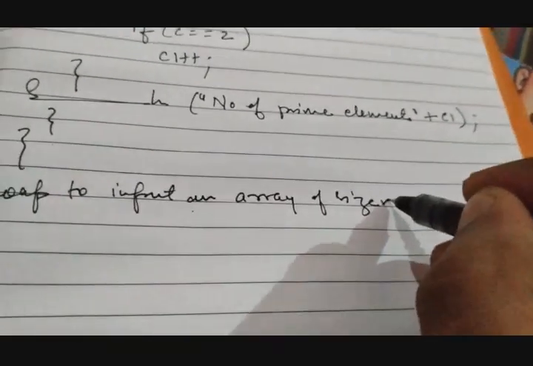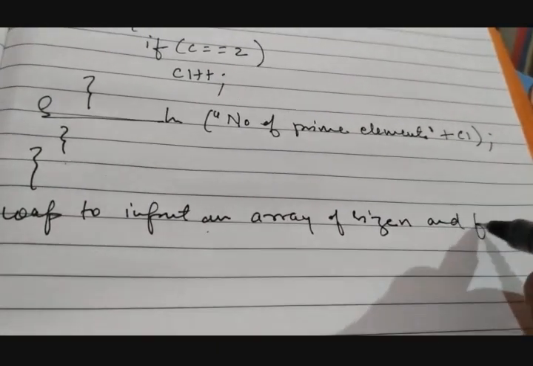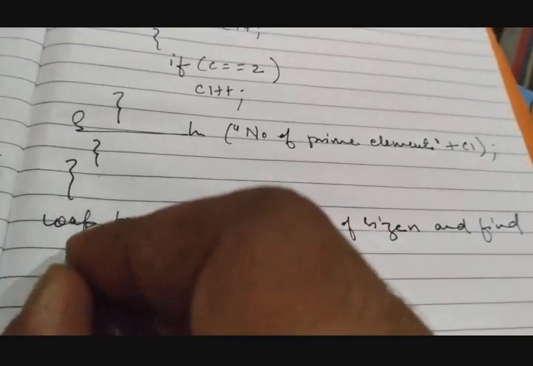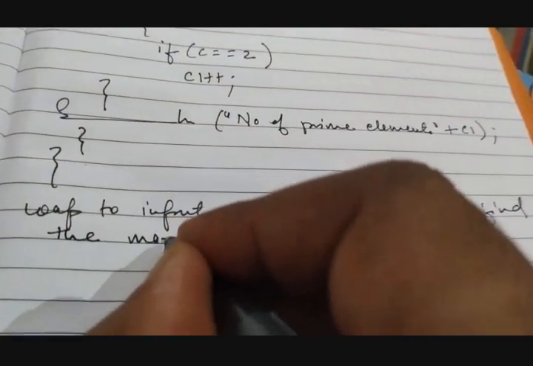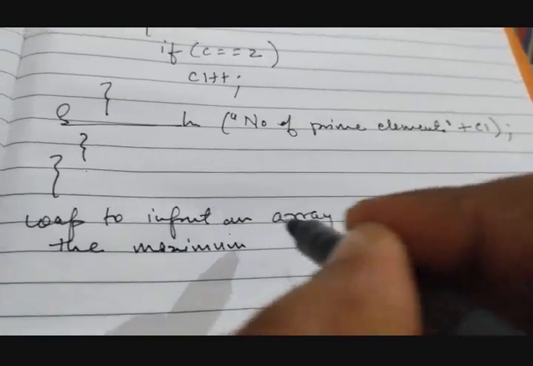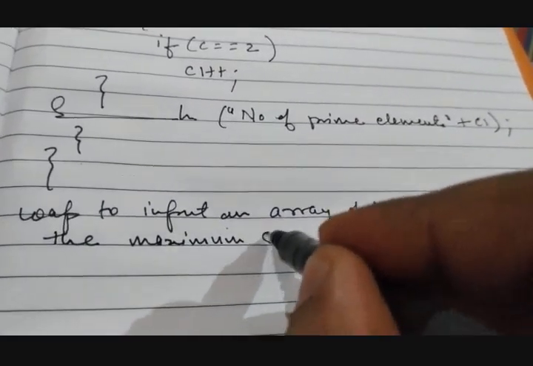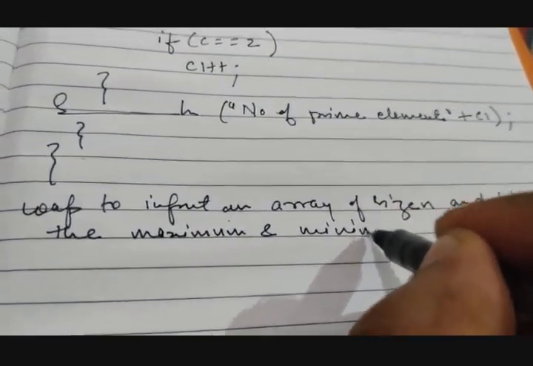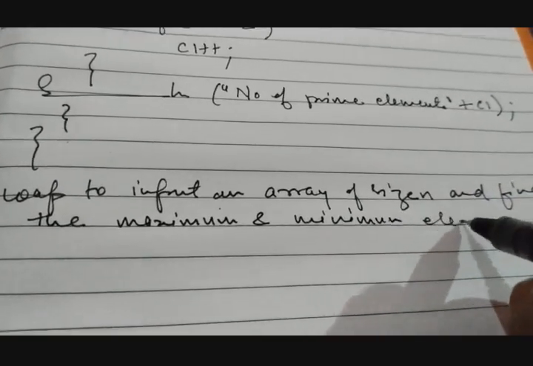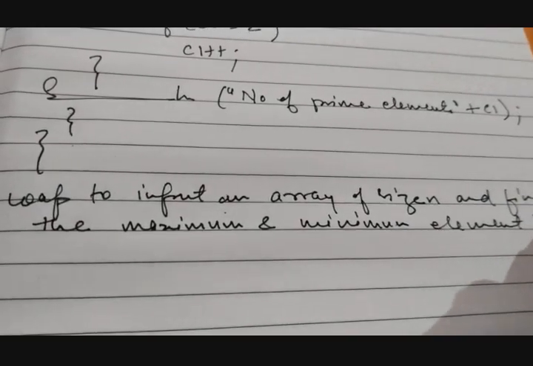Of size n, find the greatest, or you can call it the maximum, and the minimum, the smallest element present in it.